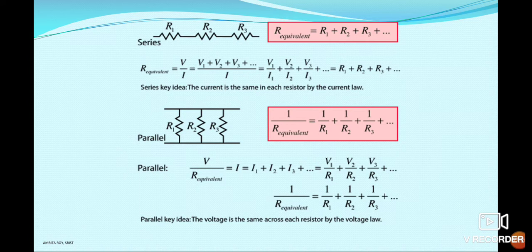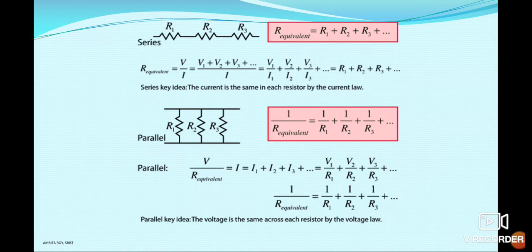Here we have calculated the equivalent resistances for a series parallel circuit. In case of a series circuit, we can see the equivalent resistance is calculated as R equivalent equals R1 plus R2 plus R3 and so on. How do we calculate that? R equivalent equals voltage divided by current.